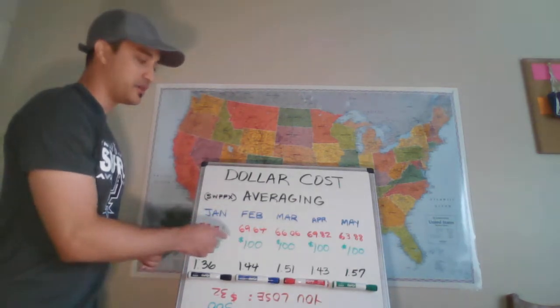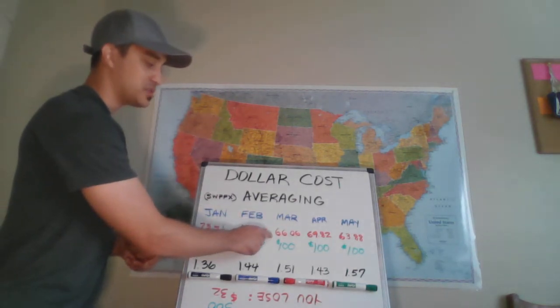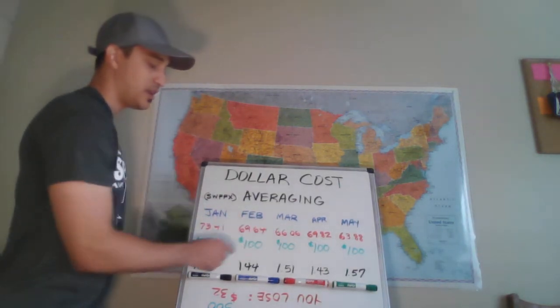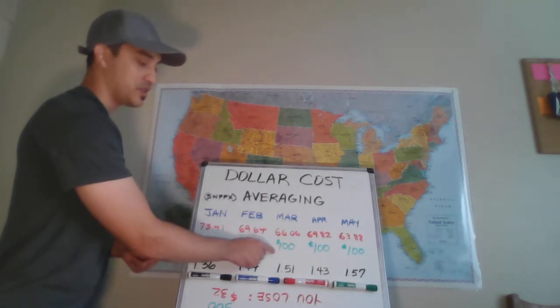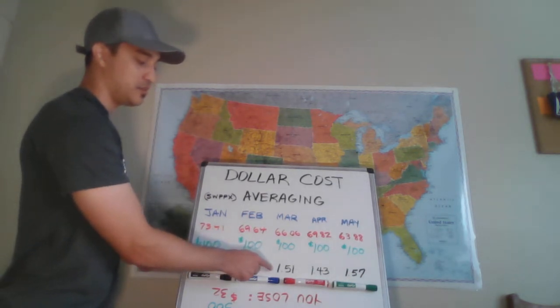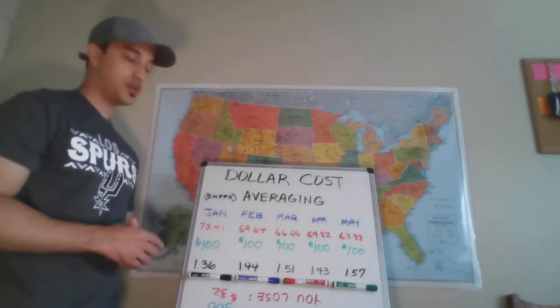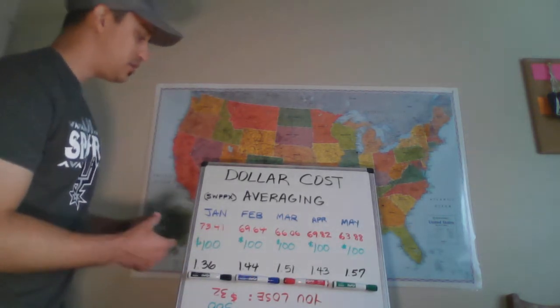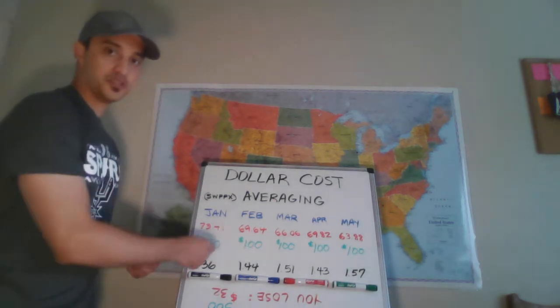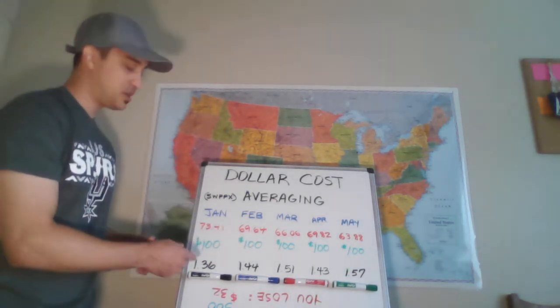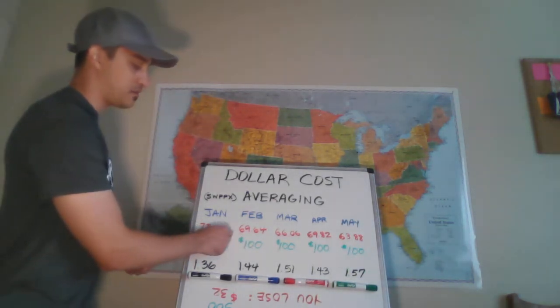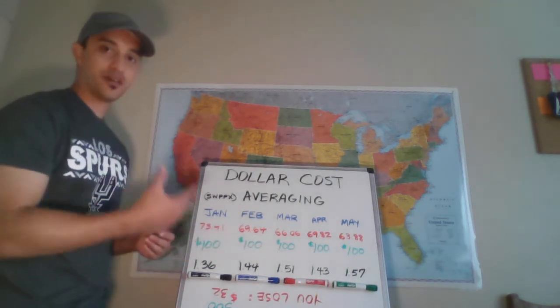So continuing on here, in March, the NAV was $66.06. They invested $100, which means they bought 1.51 shares of the mutual fund. And you'll notice that over those first 3 months, January, February, and March, the price has been going down. So the market's been going down.